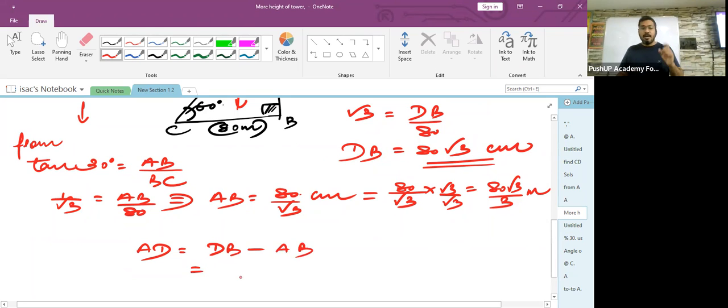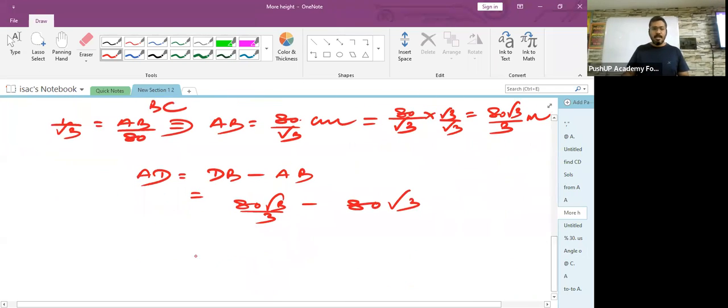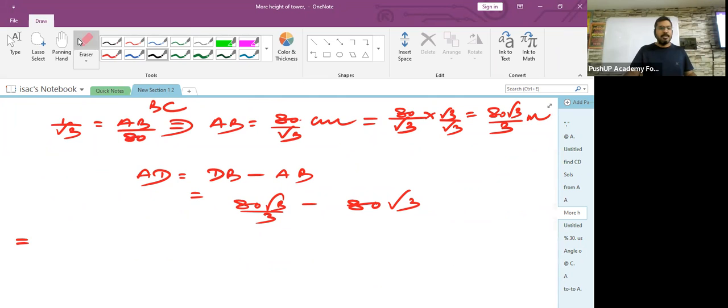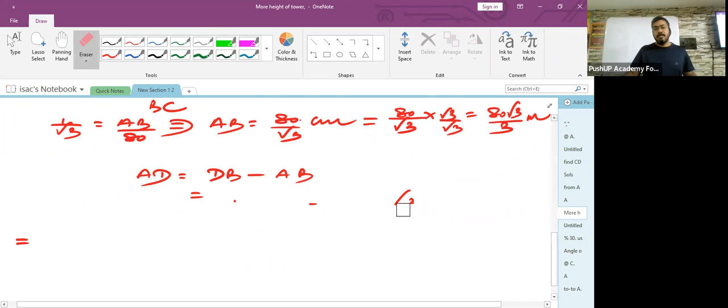DB is 80√3 and AB is 80√3/3. Oh, achha, I had it reversed. So AD should be 80√3 minus 80√3/3. All right.